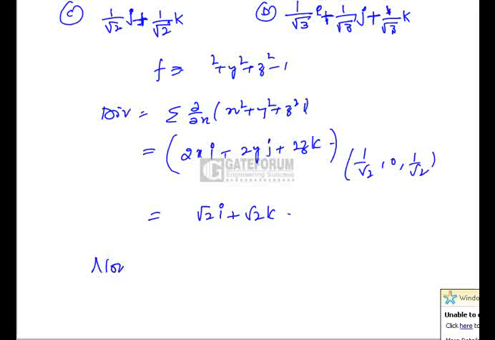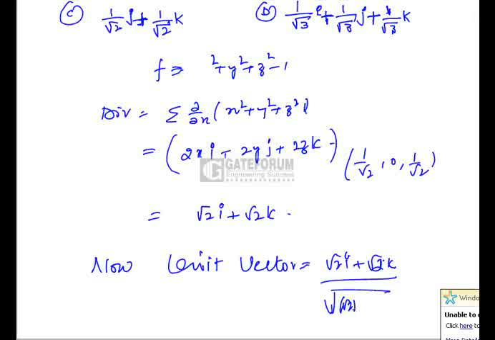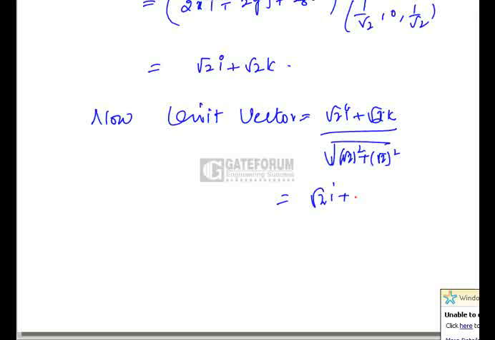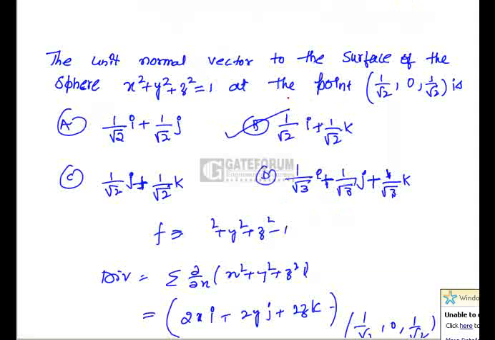Now the unit vector along this is root 2i plus root 2k by root of root 2 square plus root 2 square, which is root 2i plus root 2k by 2, which can be written as 1 by root 2 times i plus 1 by root 2 times k, which is nothing but option B.